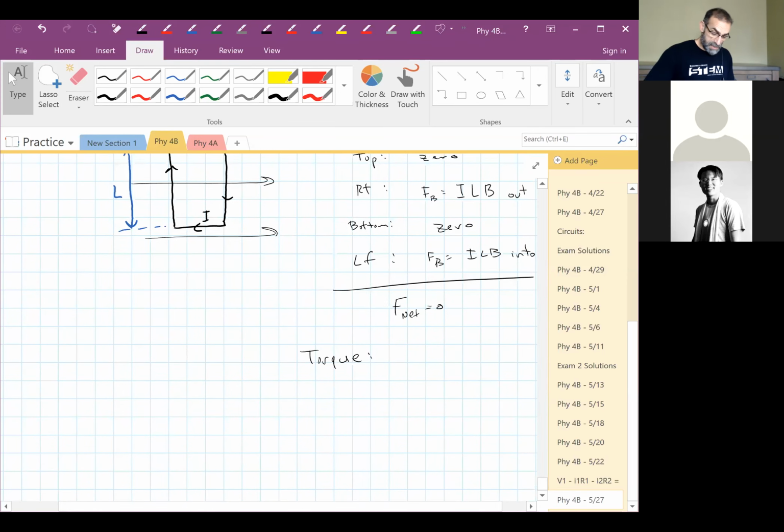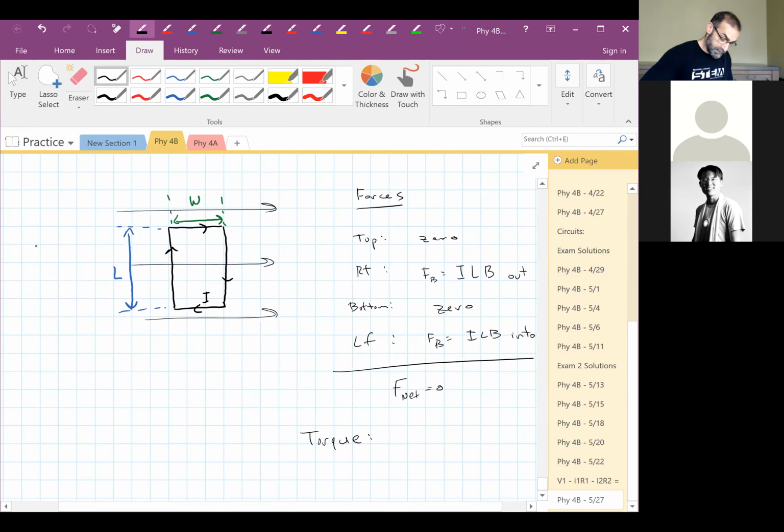I'm going to switch. This is a side view we're looking at. I'm going to switch to a top view.